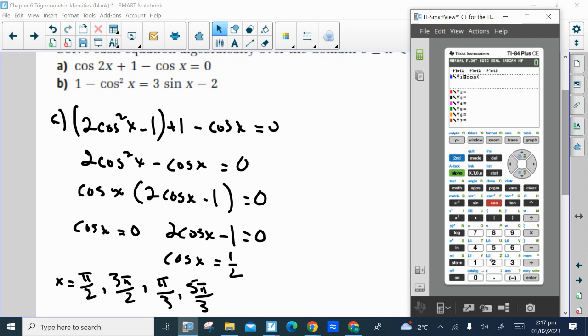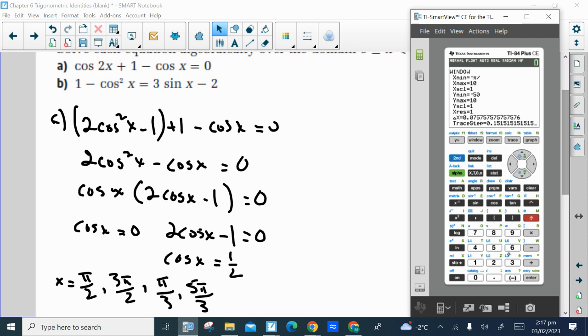Cosine of 2x plus 1 minus the cosine of x. We want to know where that equals 0. So we'd be looking for the x-intercepts. We're in the radian mode, so our windows need to reflect that. Our answers are only going to be between 0 and 2 pi here. So I might choose my x minimum to be something a little less than 0, just so I can clearly see the y-axis.